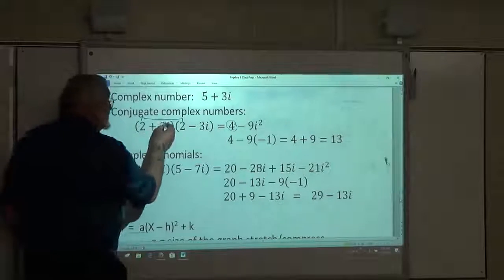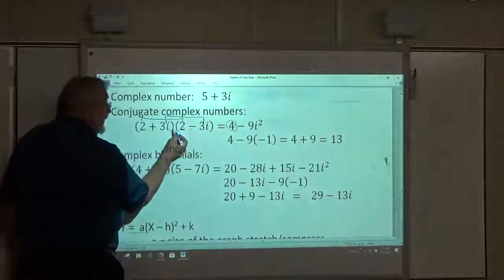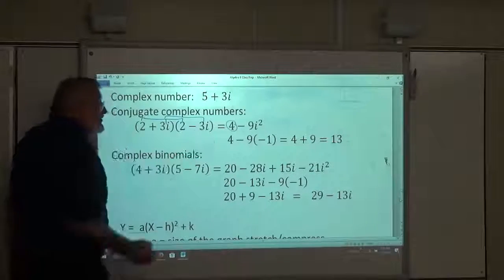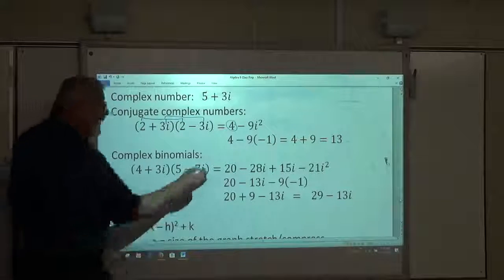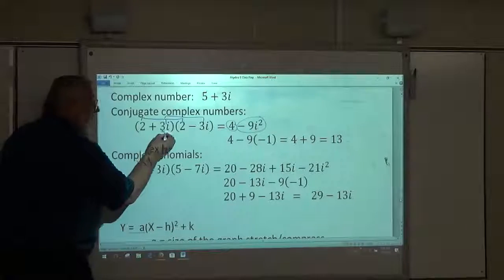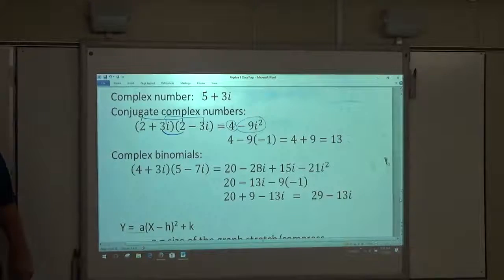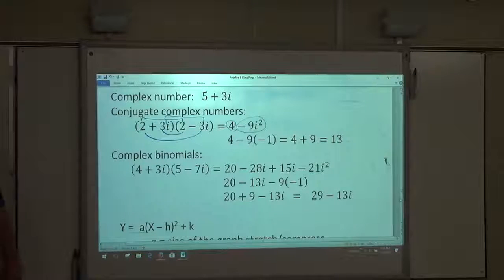So with the conjugate complex numbers, if you FOIL this, first times first is 4. What is last times last? 9. Right? It's 9i squared. Now, the inside is 6i. The outside, -6i. 6i minus 6i is 0.